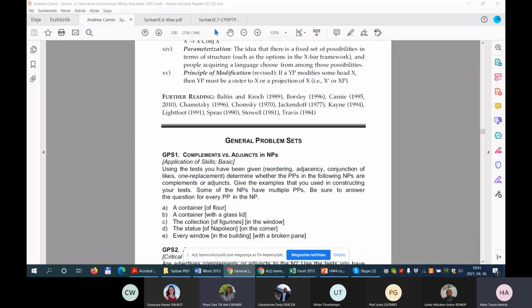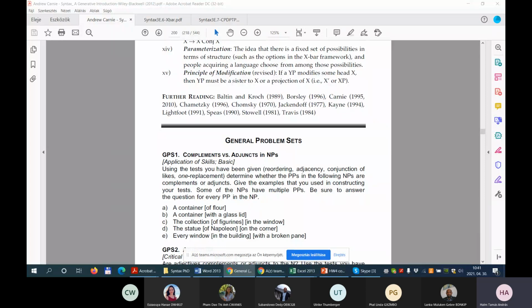Therefore, the phrase of figurines is adjacent to the head and closer to the head than the phrase in the window. Therefore, the phrase of figurines is a complement, and the phrase in the window is adjunct of the noun phrase, the collection. Yeah. Very good. This is a very elegant test because just by trying to change the order, you can prove both that of figurines is a complement and also that in the window is an adjunct.